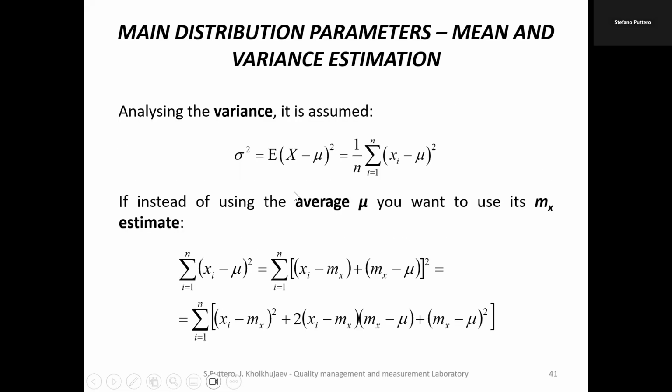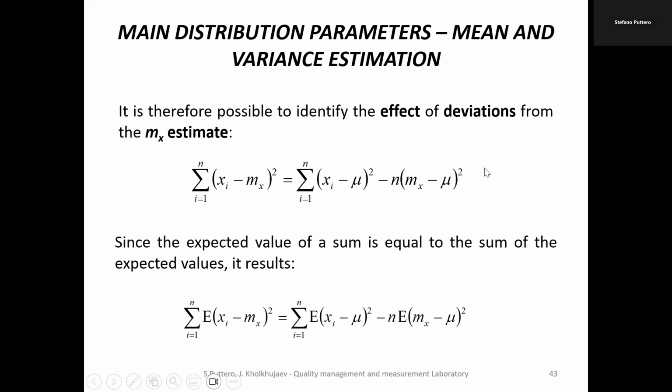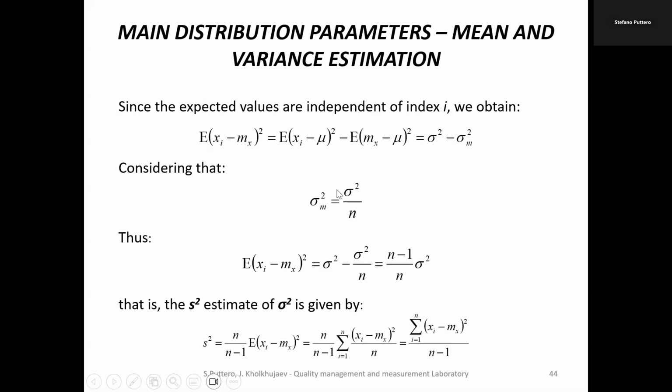So here there are some mathematical formulas that I don't want to go into detail, but the important thing is this one in slide 44. Okay, so I don't want you to remember the proof of why we are obtaining the last formula of slide 44.